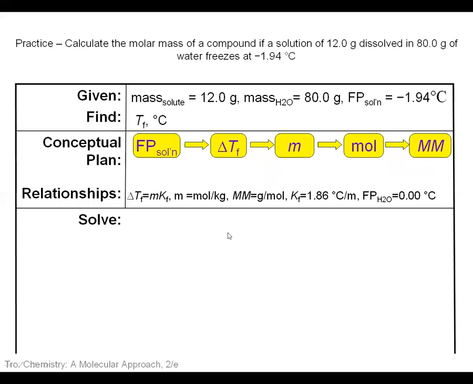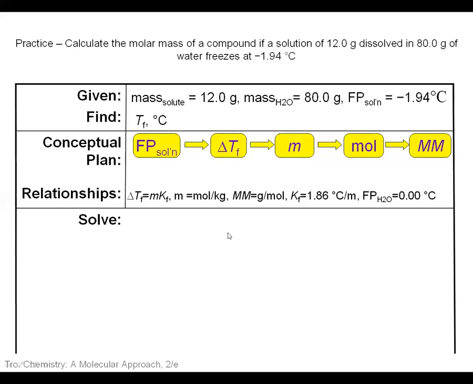In the previous example, we did freezing point depression, where we figured out that the solution would actually freeze at minus 3.2 degrees versus 0 degrees Celsius if it was just water by itself. Here, we could also use the freezing point depression to figure out some other aspects of a solution. So let's take a look at this one and see what we're looking for.